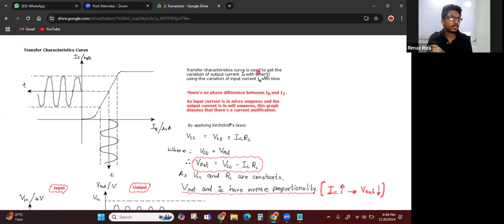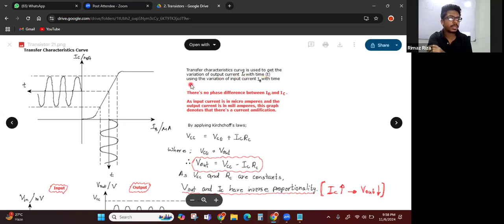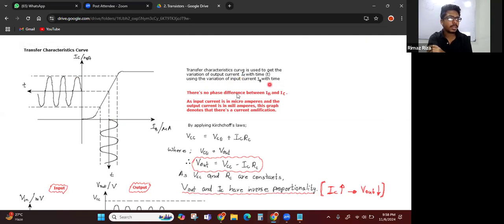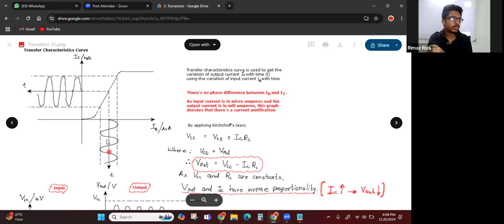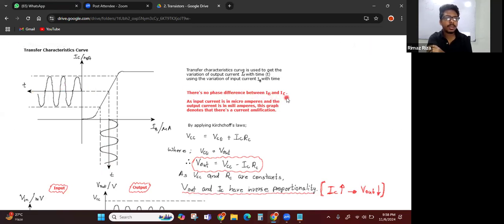Transfer characteristic curve is used to get the variation of output current IC with time t using the variation of input current IB with time. Okay, so both here, IB how it varies with time, IC varies with time. There is no phase difference between IB and IC, right?